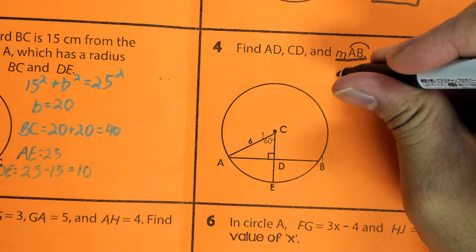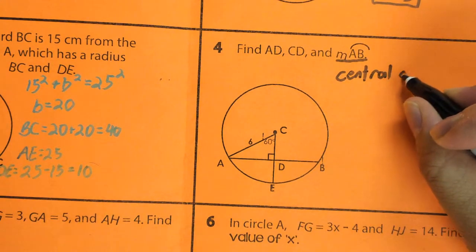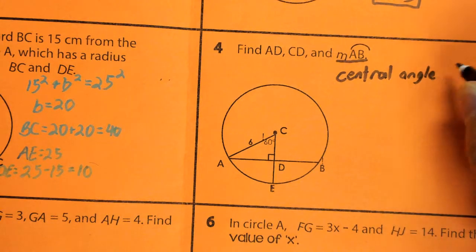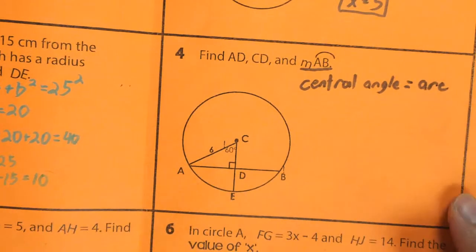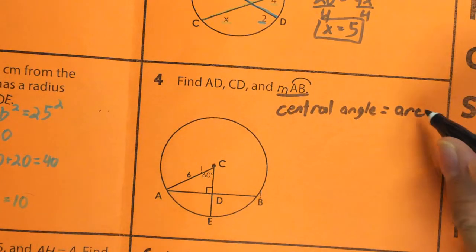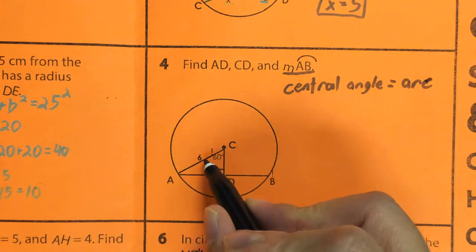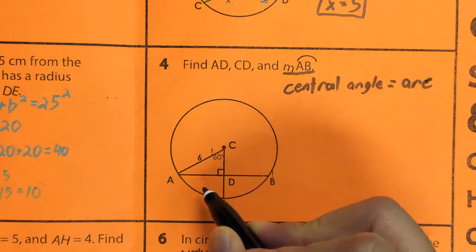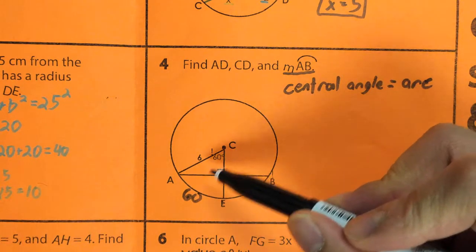Let me make a note that your central angle equals your arc. Central angle equals your arc. So if my central angle ACE is 60, that means my arc down here is 60. Equal.